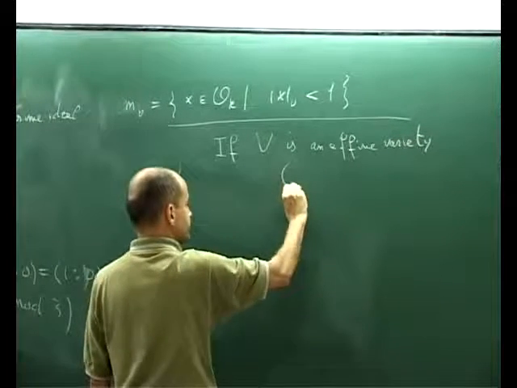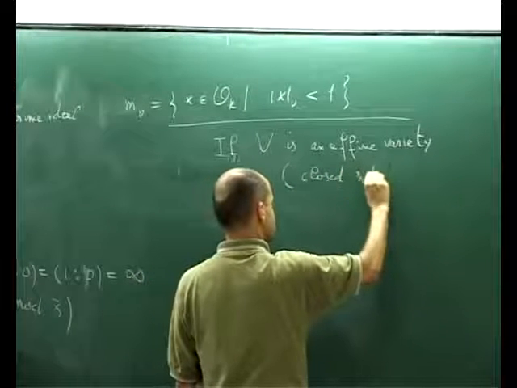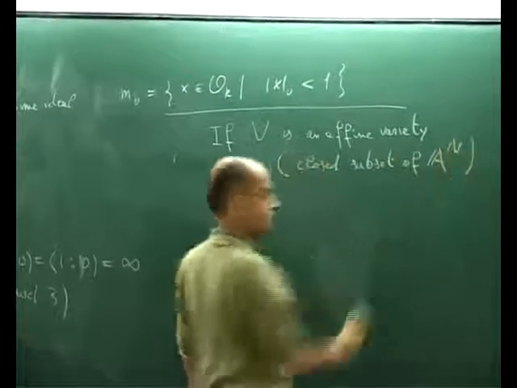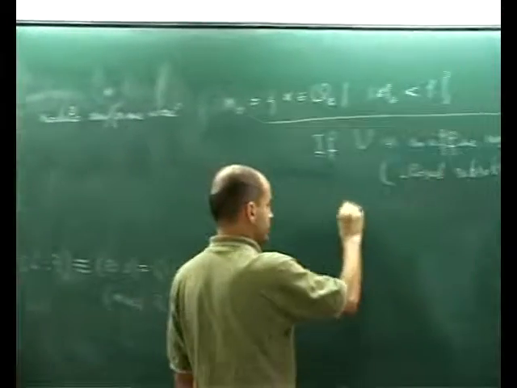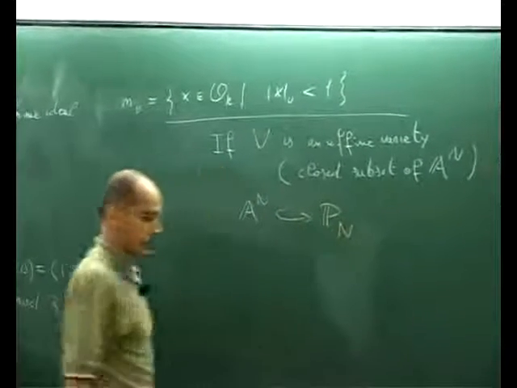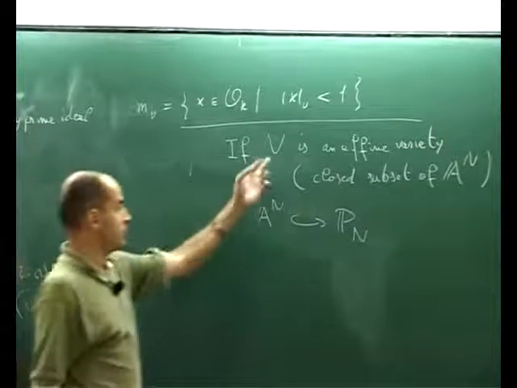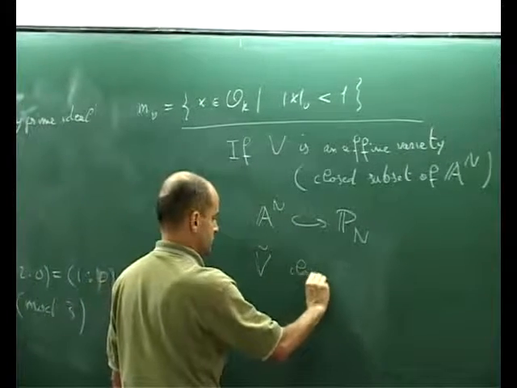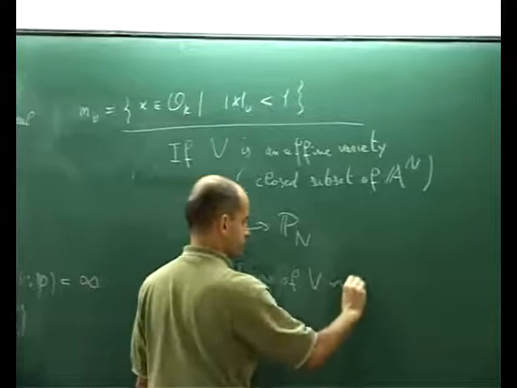Affine variety means closed subset of An, and we can embed An into Pn in the canonical way by adding one coordinate, and so let V tilde be the closure of V in Pn.